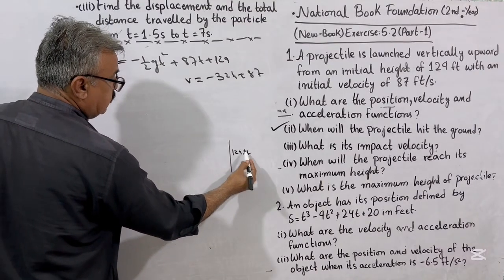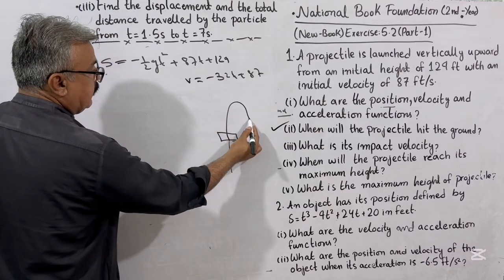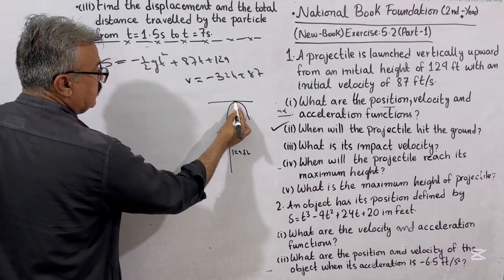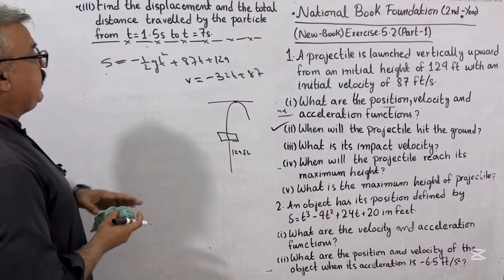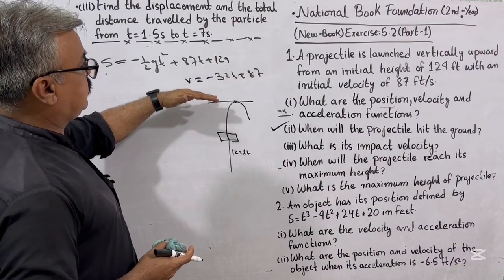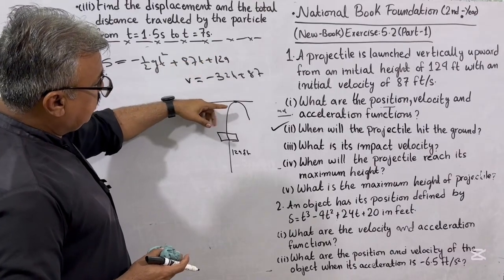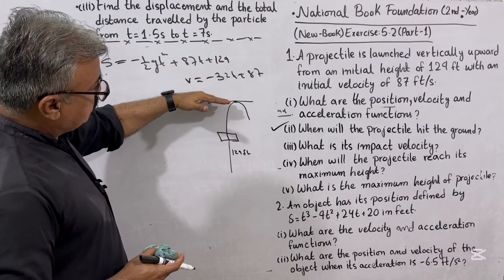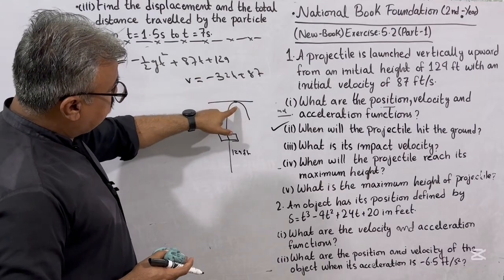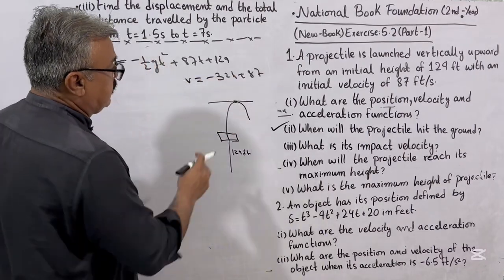The launch point is 129 feet above the ground. At the instance when it reaches the maximum height, it stops. The projectile almost halts for a nanosecond. For a brief instant the projectile comes to a halt, then it starts coming down.